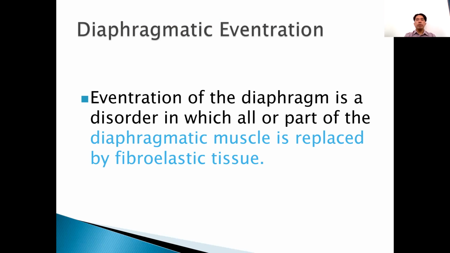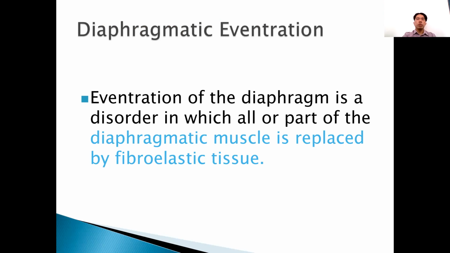So eventration is different from CDH. Eventration is fibroelastic tissue replacing the muscle. There is a separation between the abdomen and the thorax. There is a tissue, but it's not a muscle. So when you inspire or go through your cycle of respiration, there is no contraction happening because it's not a muscle.